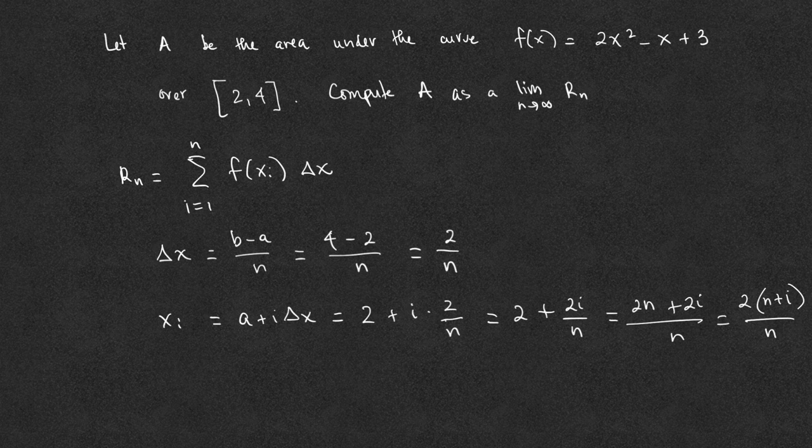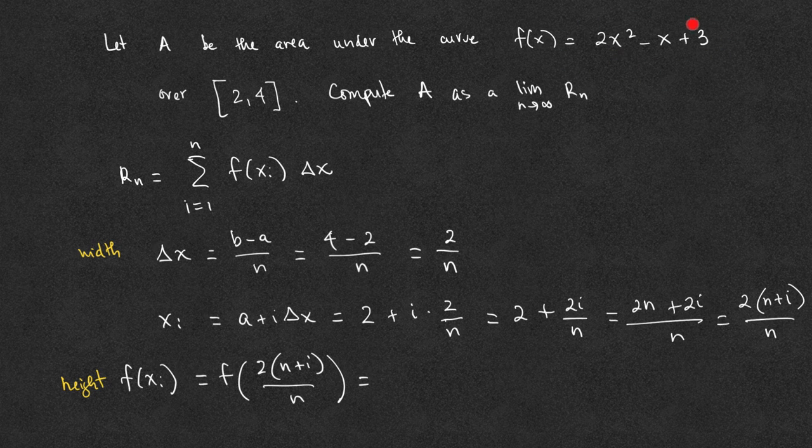We are interested in f(xᵢ), where f(xᵢ) will give us the height of the rectangle, and Δx gives us the width of each rectangle. f(xᵢ) is f of 2 times (n + i)/n. And so we plug this expression into the function f(x), which is given.